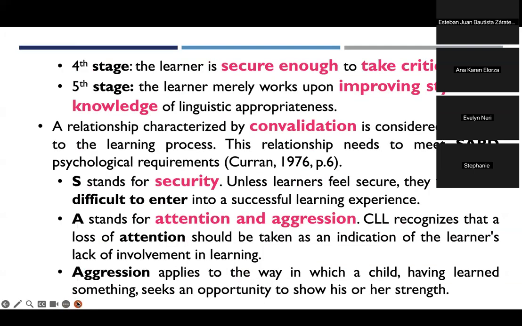Stage number 4, learner is secure enough to take criticism. What does that mean? Well, when you as the teacher start providing feedback in both terms, quantitative and qualitative. So your feedback is going to guide your student in the fourth stage to improve the quality of their expression, the quality of what they are expressing.